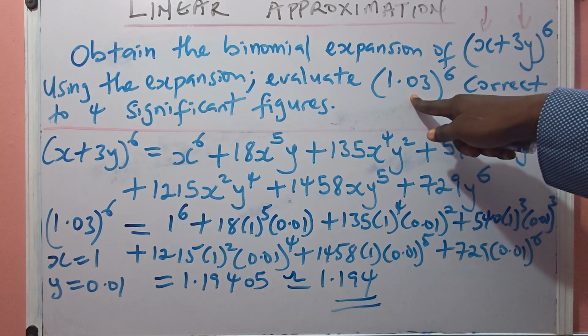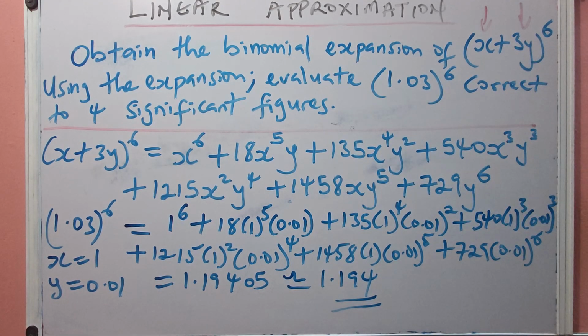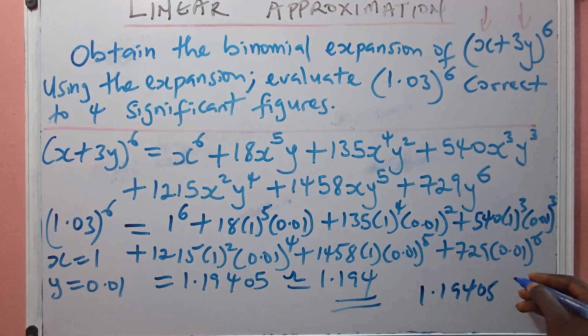So press 1.03 raised to the power 6 on your calculator. What you're going to get will be 1.194052297. This was the calculator value, which we also call the true value.